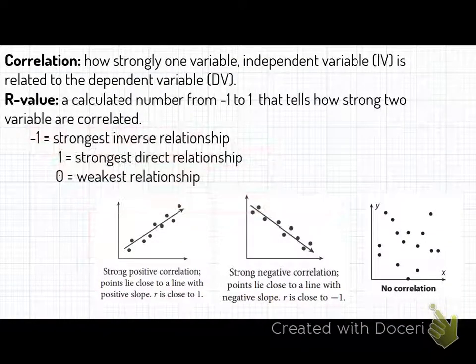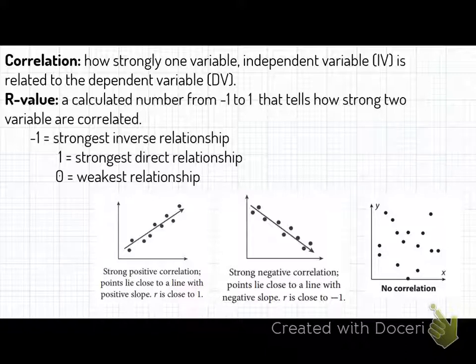Okay, so next one, the correlation. A definition is how strongly one variable, the independent variable, is related to the dependent variable. And then we have this thing called the R value that we're going to calculate tomorrow on our iPads. The R value is super important to understand. It's a number between -1 and 1.